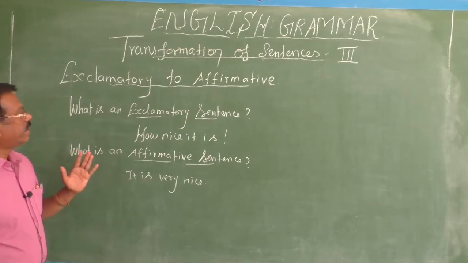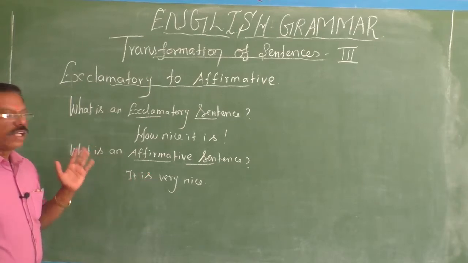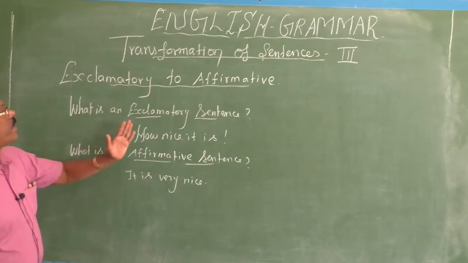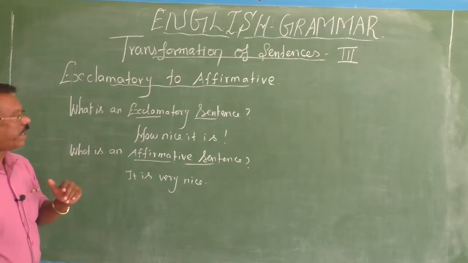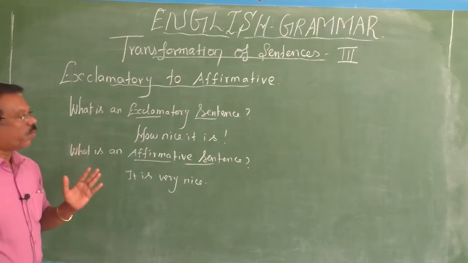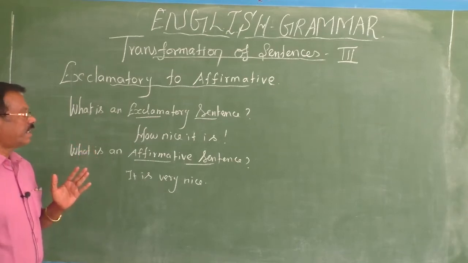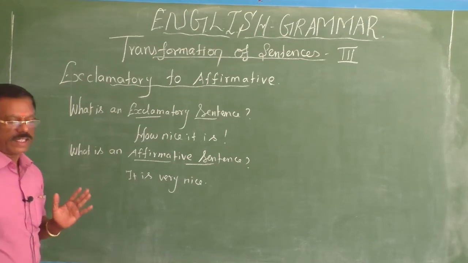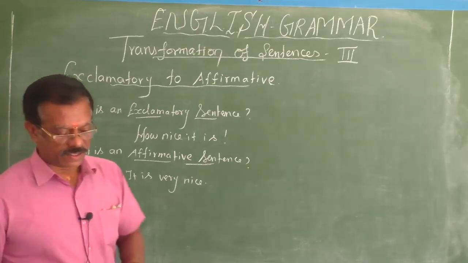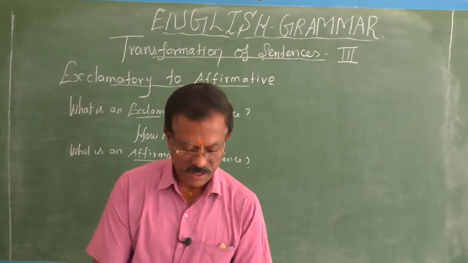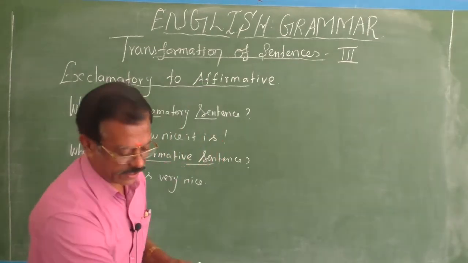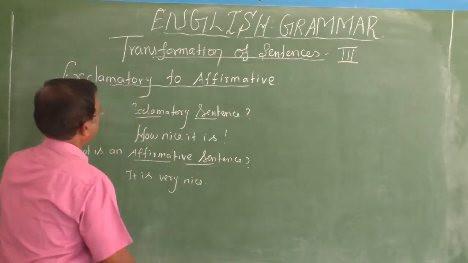Okay, fine children. Next we are going to see the rules behind the transformation of an exclamatory sentence into an affirmative sentence. So I hope you know what is an exclamatory sentence and what is an affirmative sentence. Next let me explain the transformation rules behind this, one by one.